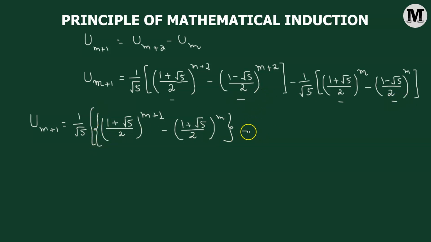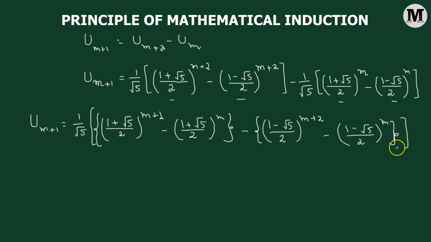If we take negative as the common factor, now we're going to have (1 minus square root of 5 divided by 2) whole raised to the power of m plus 2 minus (1 minus square root of 5 divided by 2) whole raised to the power of m. Fine. We are now going to further simplify. So this is equal to 1 over square root of 5.